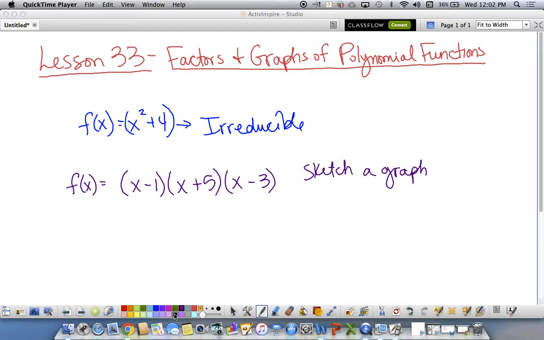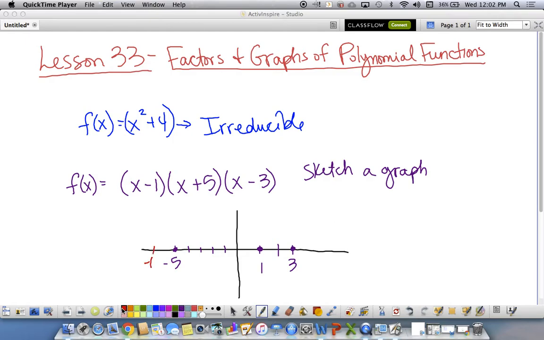It has some zeros. It has a 0 at positive 1, negative 5, and at positive 3. Then we would go plug in numbers.